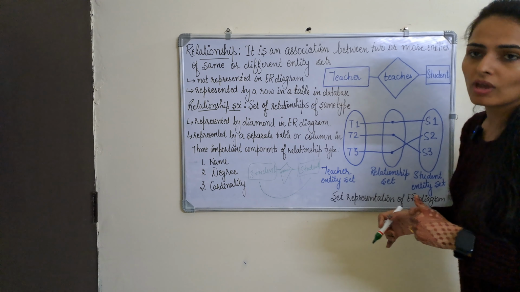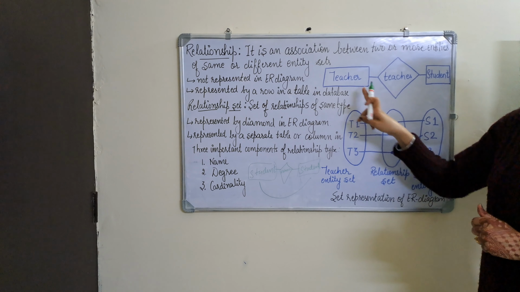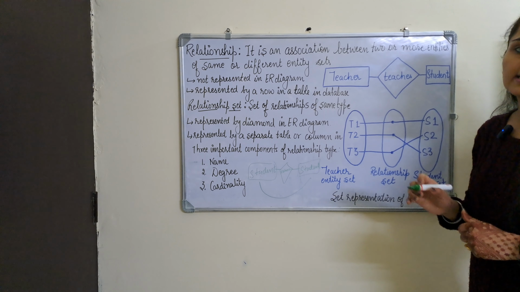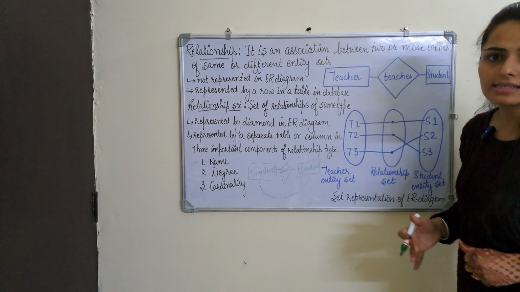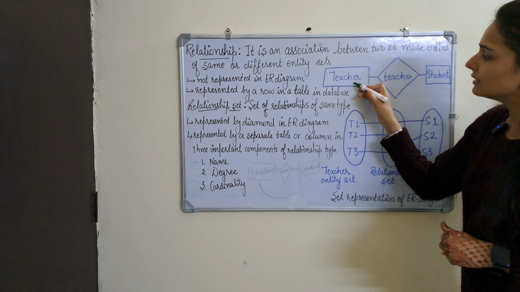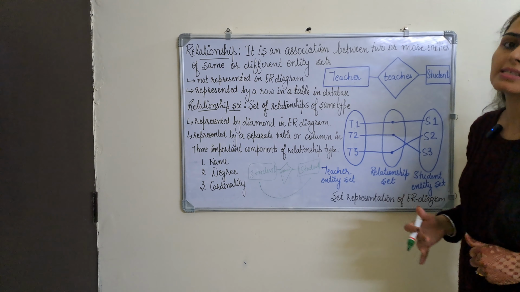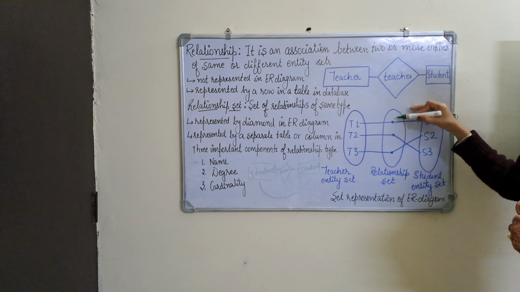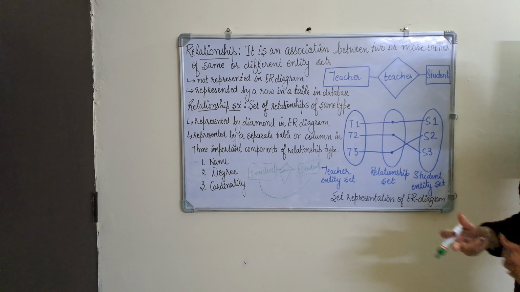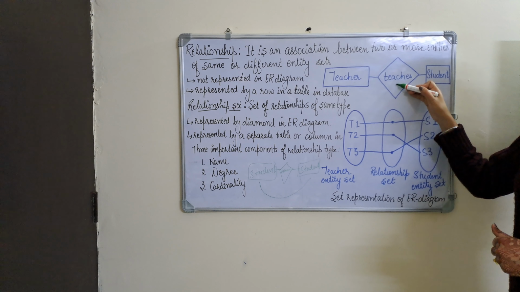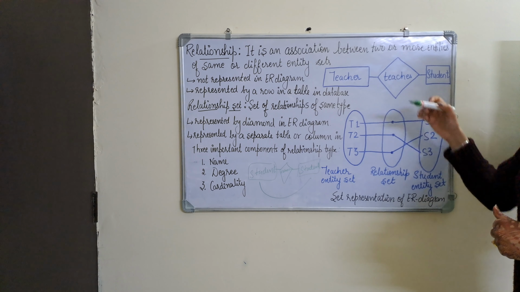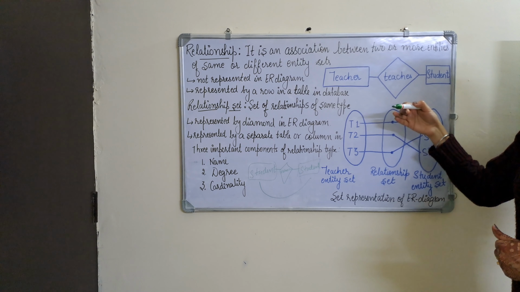In the very same way that we had entity sets and entities, we understood that all these entities actually represent the instances of the database, whereas the entity set represents the structure. In the same way, these relationships represent the instances, and this relationship set, otherwise called the relationship type, represents the structure of the database.